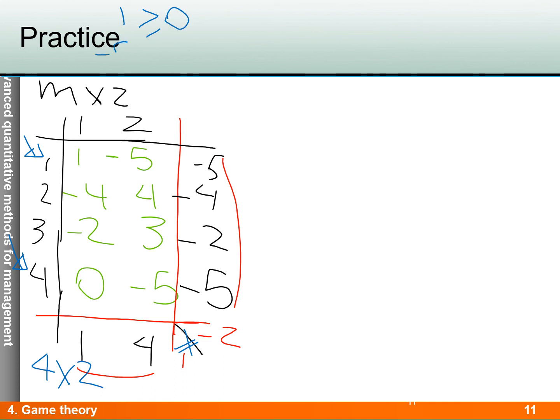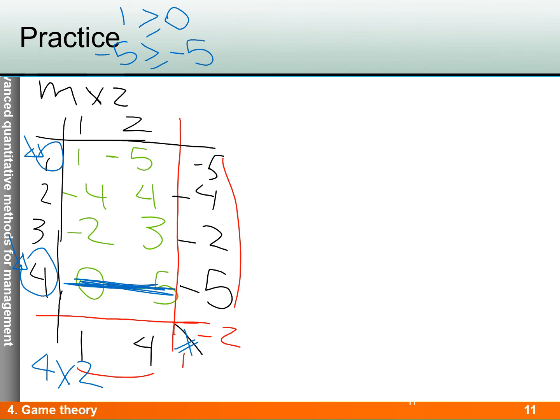Yes. -5 is greater than or equal to -5. Yes. So strategy 1 dominates strategy 4. I can eliminate this strategy.